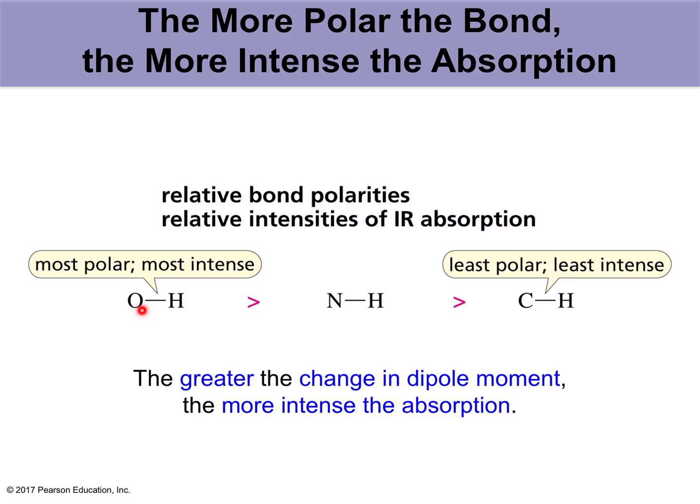Remember, fluorine is the most electronegative element, and then the oxygen, right? Fluorine is 4 and then oxygen is 3.5. So between oxygen and hydrogen we have the most polar, most intense peak. And then the nitrogen hydrogen, less polar, and carbon hydrogen, least intense.